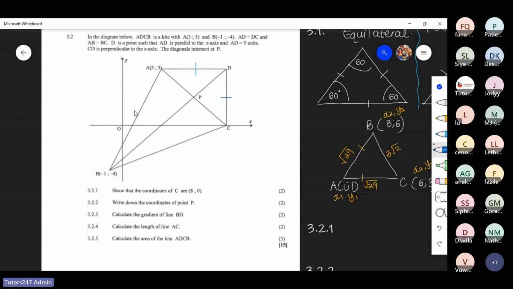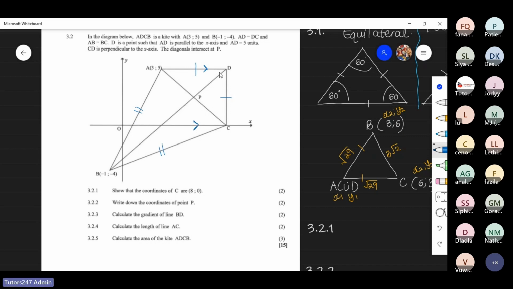So what is important about a kite? The two top lines are equal to one another. The two bottom lines are equal to one another. Then it states D is a point such that AD is parallel to the x-axis. So we now know that AD is parallel to the x-axis.